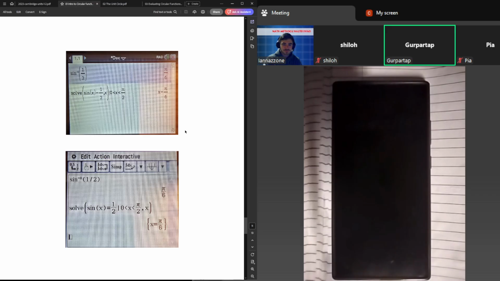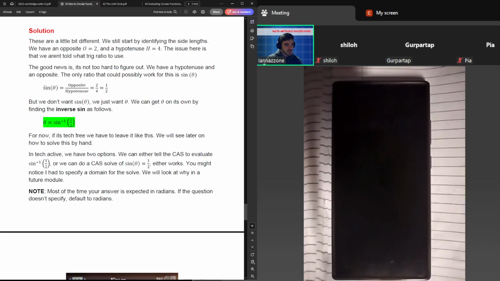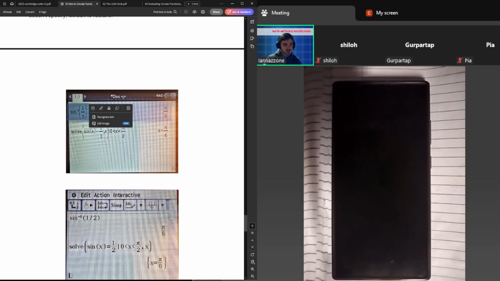So how would you know what restriction to put on it? Would it be specified in the question? Yeah, this will never become an issue. You'll be given a domain in the question, and if you're just looking to find theta, then you wouldn't even bother with the restriction. You would just go straight into sine inverse of a half.